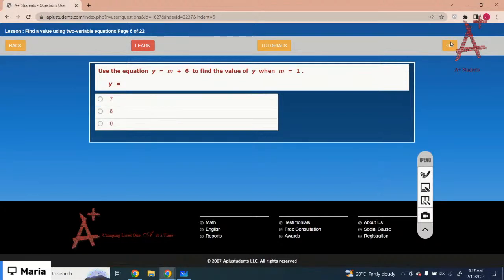Okay, the next one is use the equation y equals m plus 6 to find the value of y when m equals 1. So just replace the m in the equation with 1.